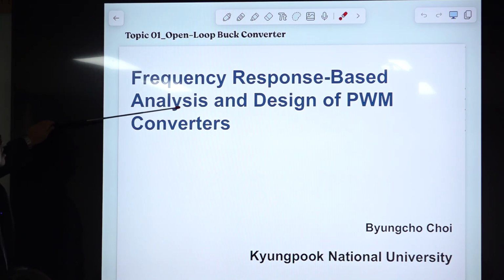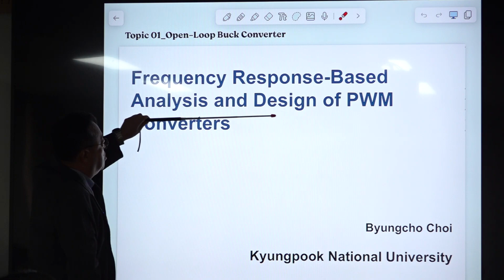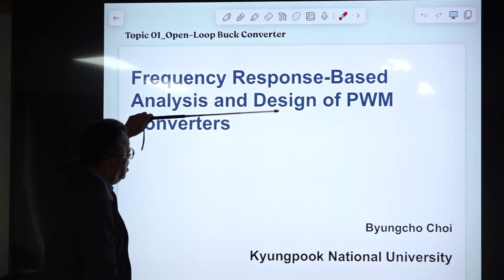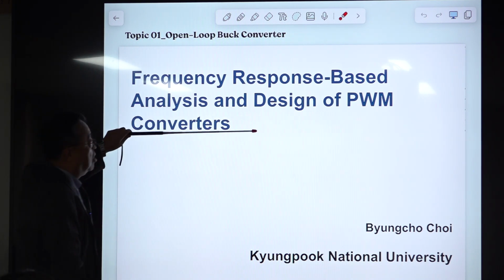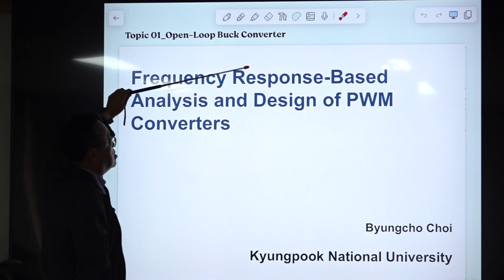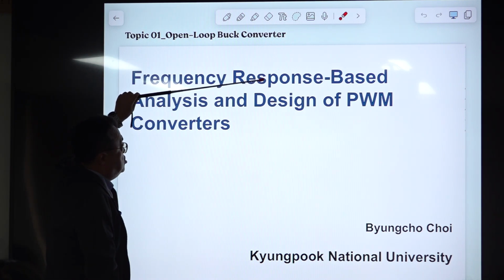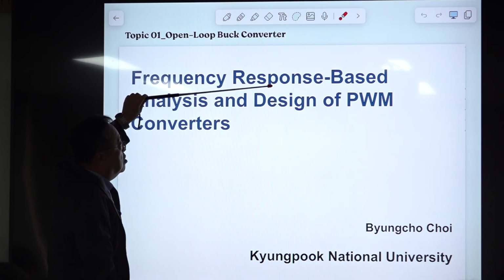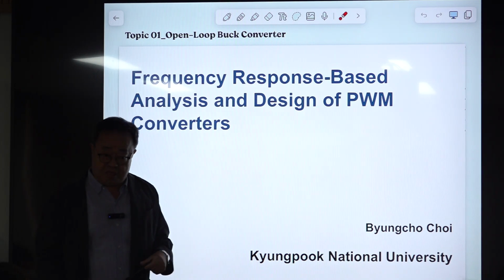How to analyze the dynamics of this PWM converter, and how to design the controller of a PWM converter using this technique, which is only applicable to linear time invariant systems.